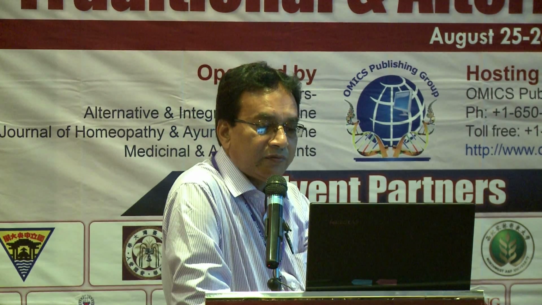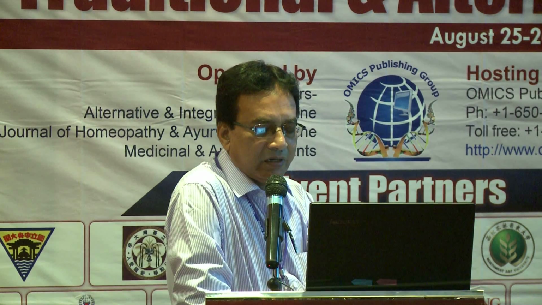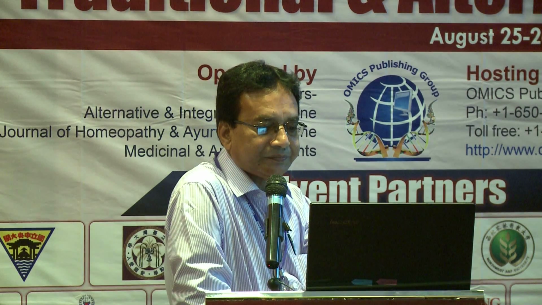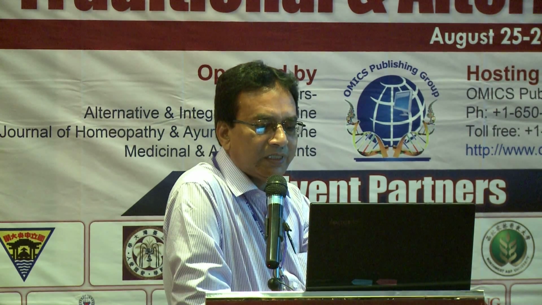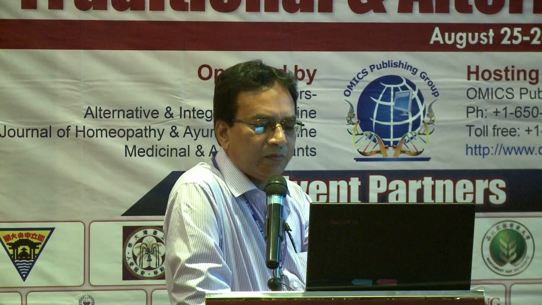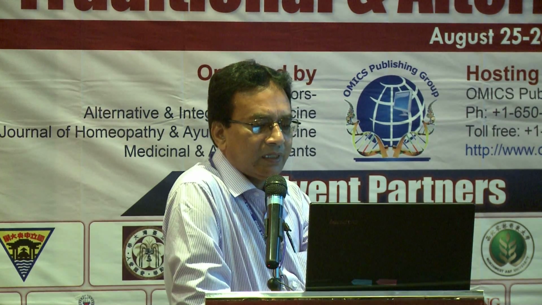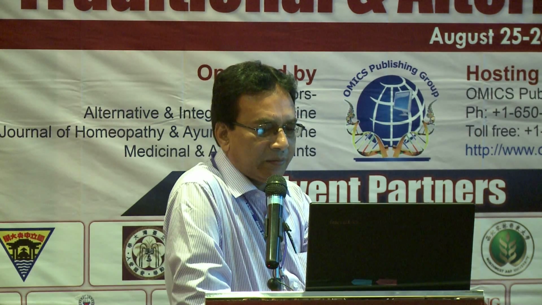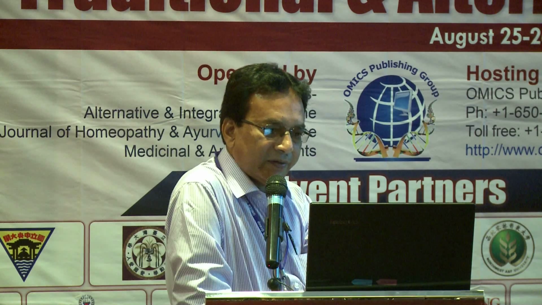ESR was also improved. This bar diagram shows KFTs, the safety of the intervention. In the arthritic profile, uric acid and ESR, in both cases the parameters became rectified after treatment.